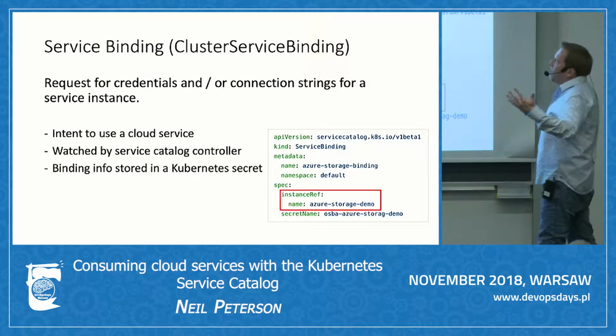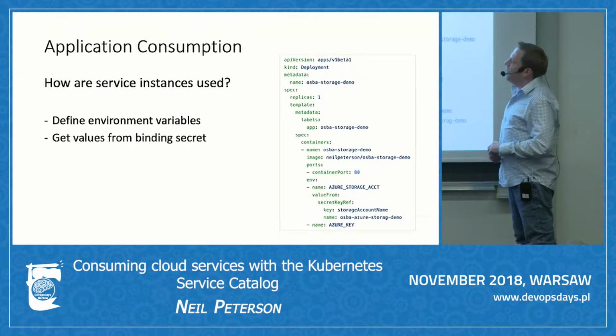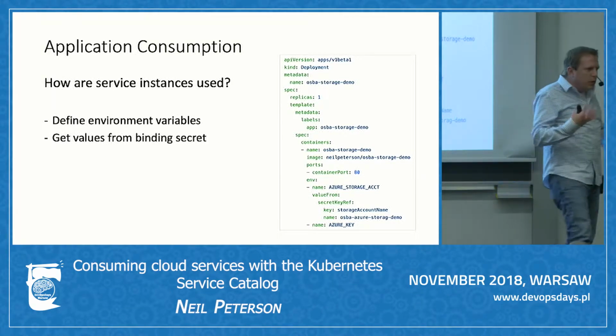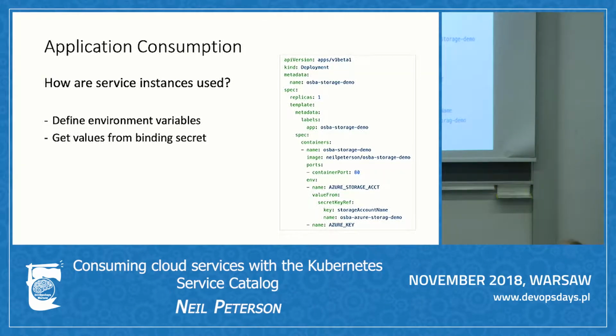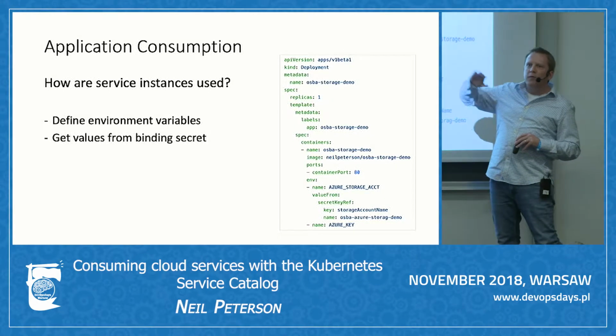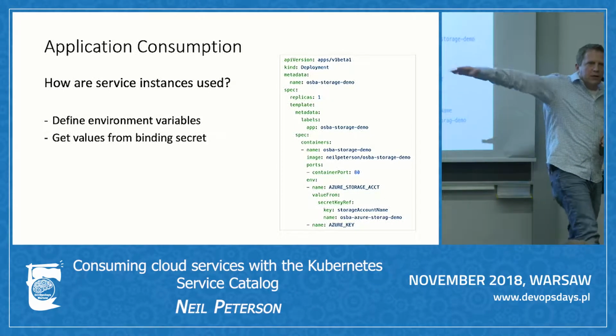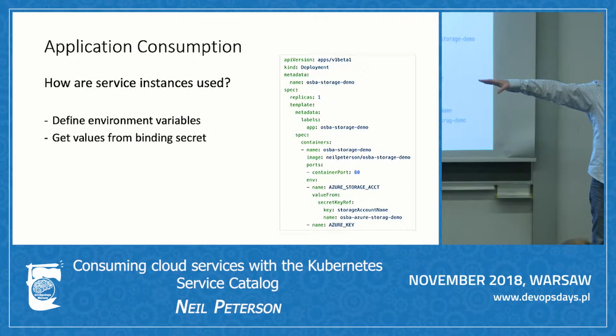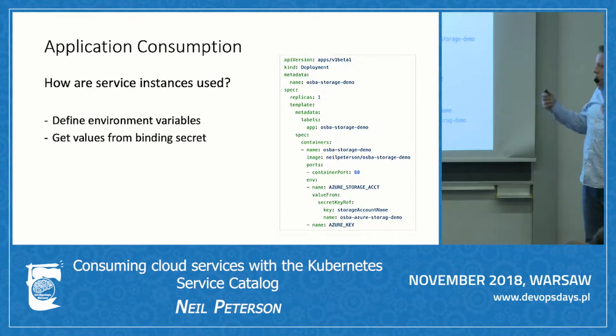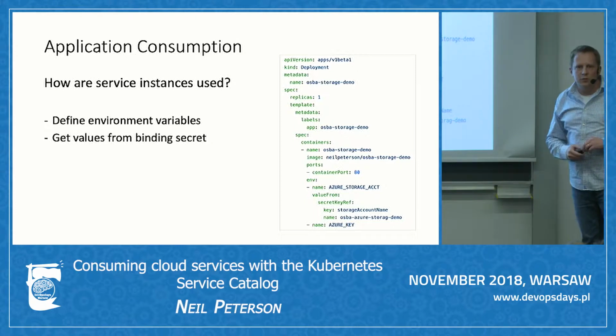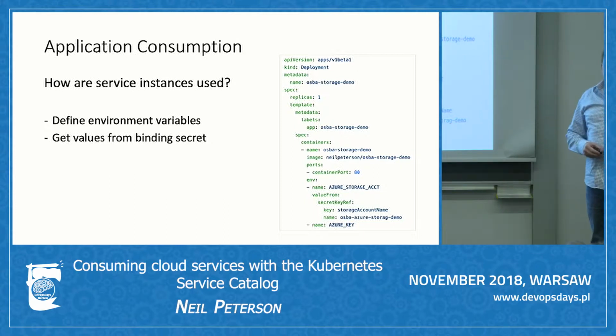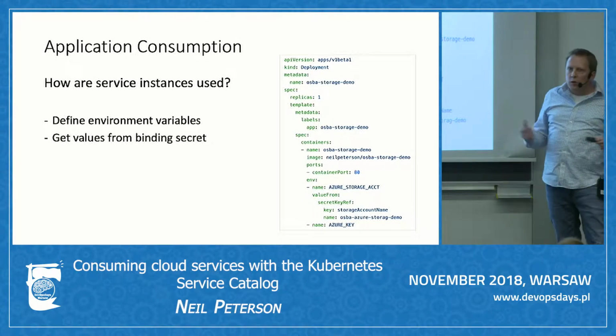So those are the 5 types, but there's one last piece here, and that's, okay, once I've done all that, how do I use it? By use it, I mean I'm going to start containers or pods inside of my Kubernetes cluster, and I most likely want those containers and pods to connect to the things that I just created in my cloud provider. So how do I do that? It's pretty simple. If you've created secrets in a Kubernetes cluster before and injected those secrets into your pod, that's all we're doing here.